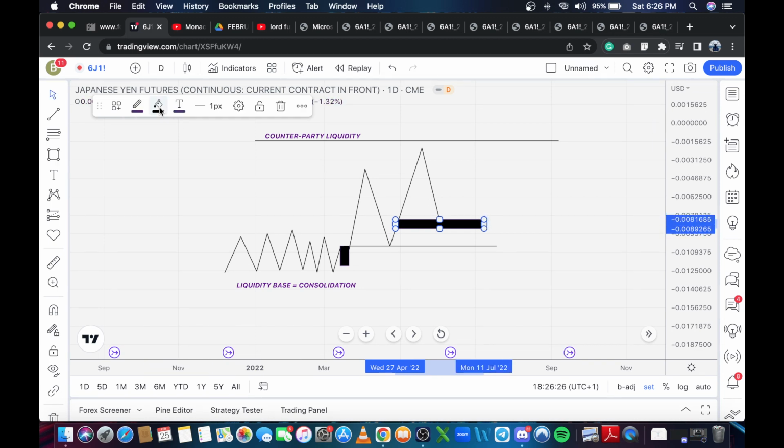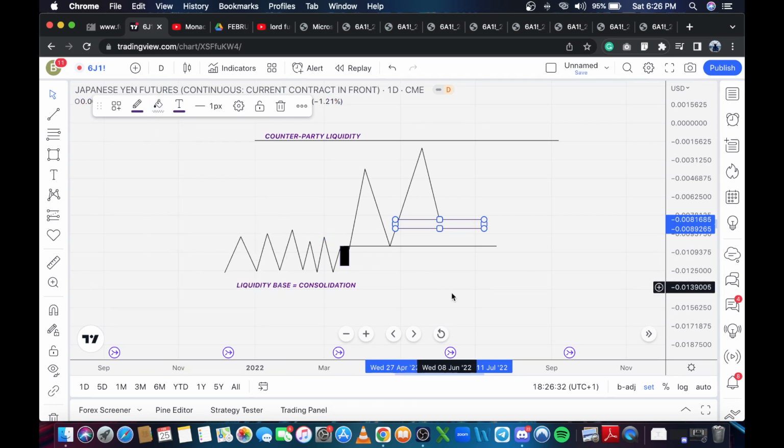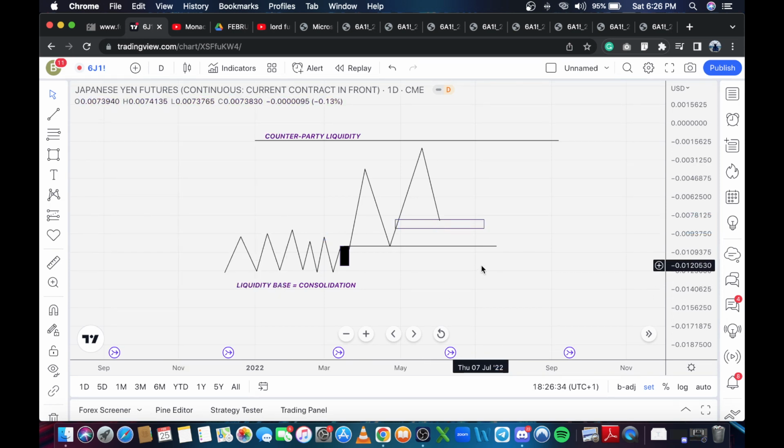Those inefficiencies could be liquidity voids, it could be volume imbalances, but that's what we're primarily concerned with. So when the market retraces down into those levels, then interbank traders will come and repopulate that inefficient price delivery with orders for continuation expansion into a point of counterparty liquidity.